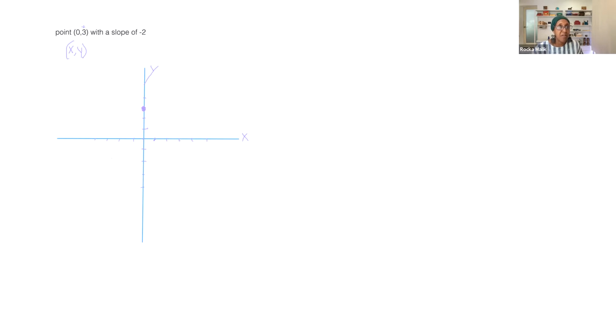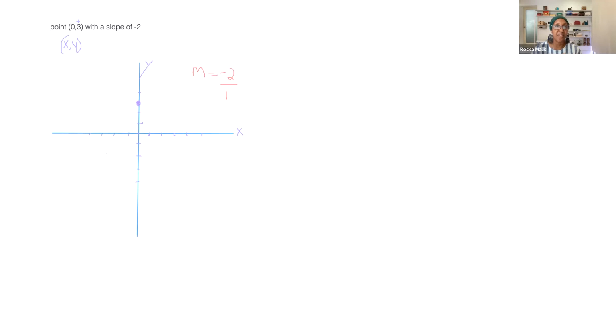So from here, I move the way the slope tells me to move, so I can get another point. So this slope is -2/1. I'm gonna start from this point and move the way the slope tells me to move. I'm gonna point at -2, which is my Y business over my X business. So here I'm gonna go down 2.